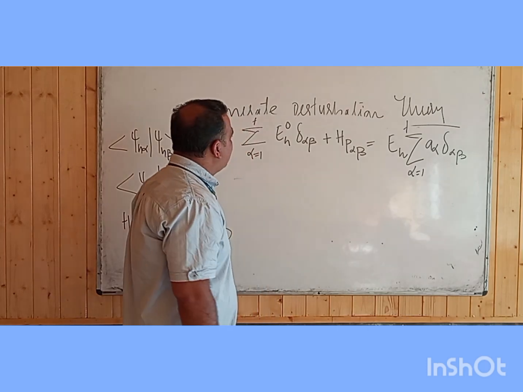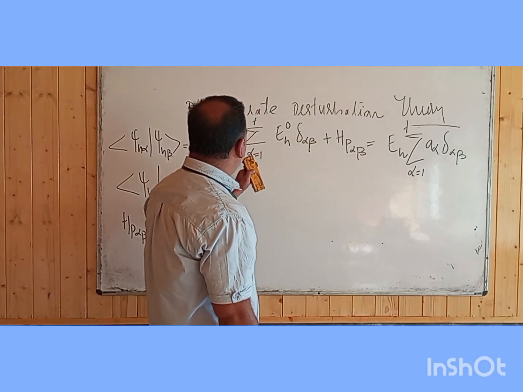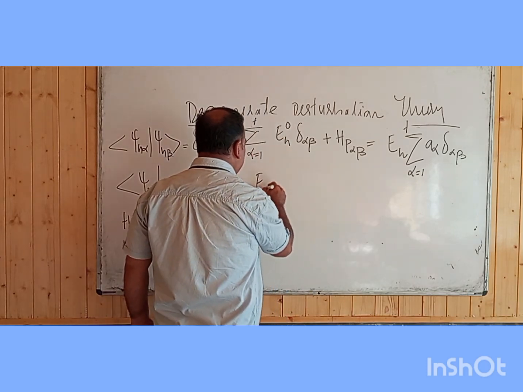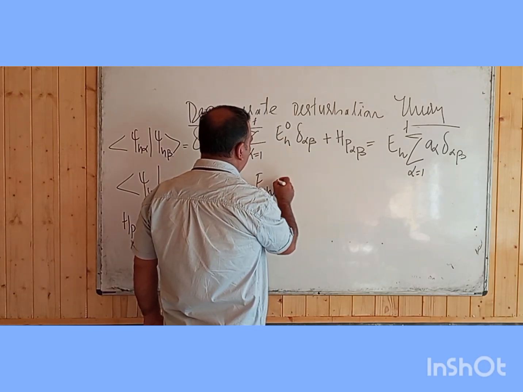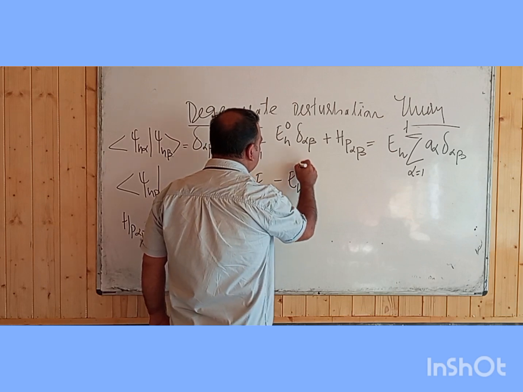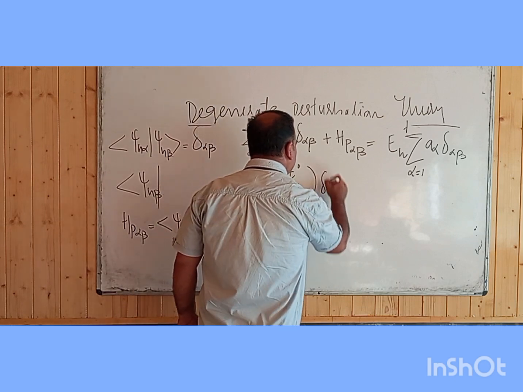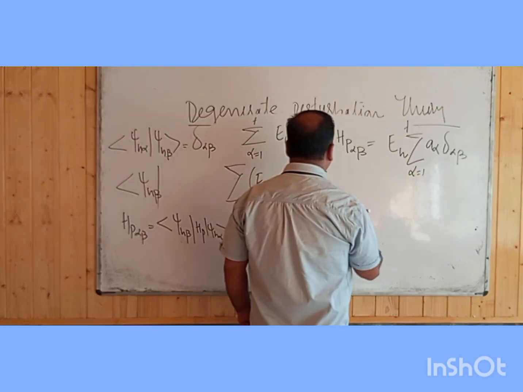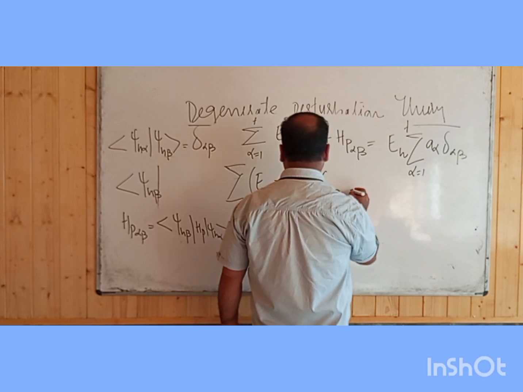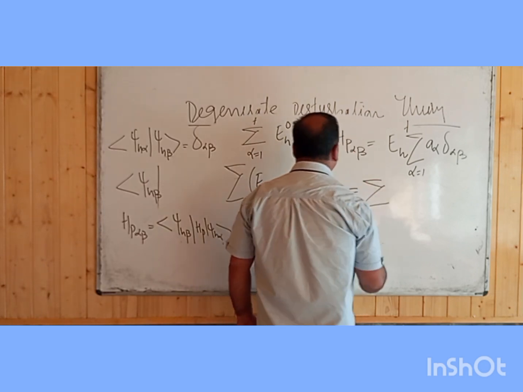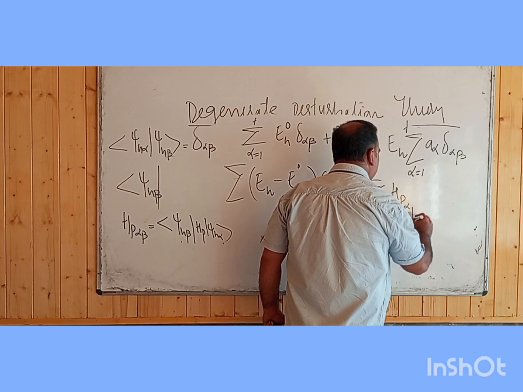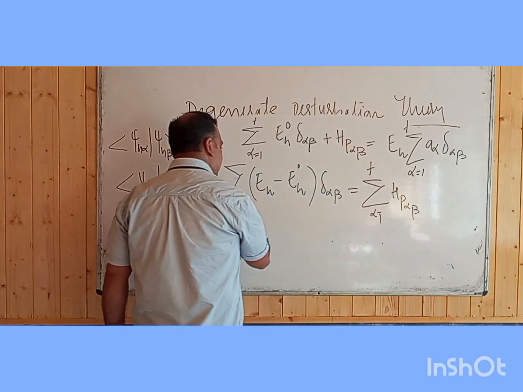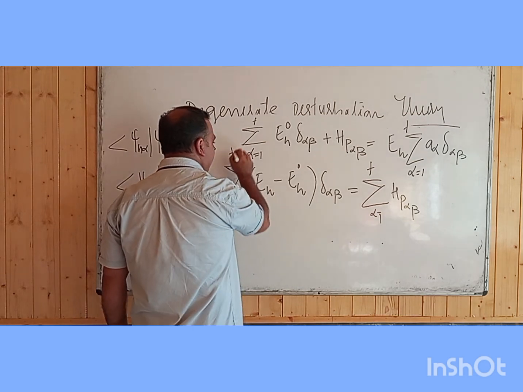The point is that if I transfer this to the other side, what I will have is En minus En naught times delta alpha beta, with sigma for this, equal to sigma HP alpha beta, running from 1 to f.